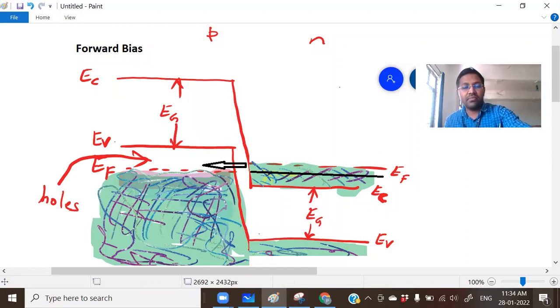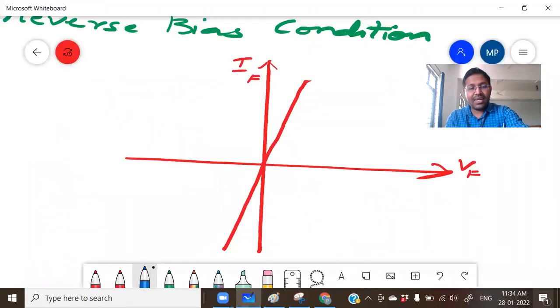After maximum current reaches, the current will start reducing. So this is where maximum current is reached. After that the current will start reducing. So once again I am going back. First we are here.